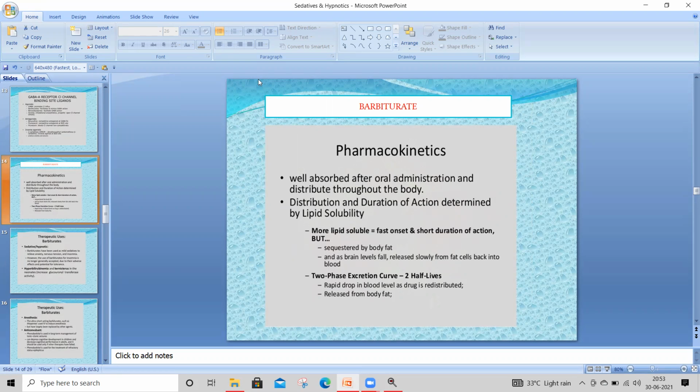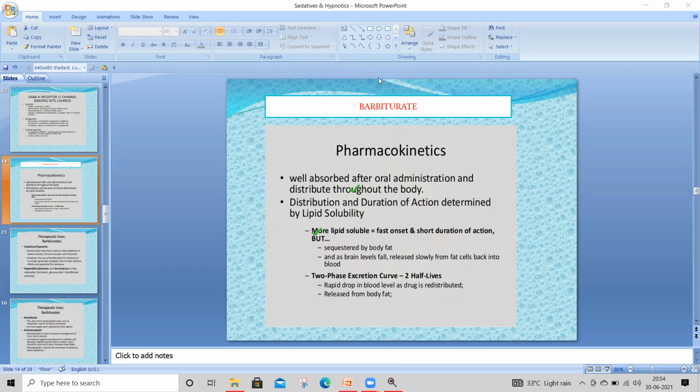Both the benzodiazepine and barbiturate have good absorption orally, they are well absorbed orally, and they have high lipid solubility. If lipid solubility is increased, the potency of the drug will be increased, but the half-life of the drug will be decreased. Remember this thing.